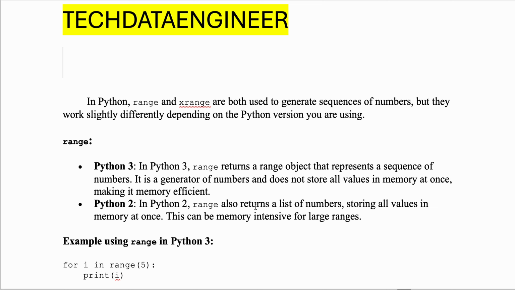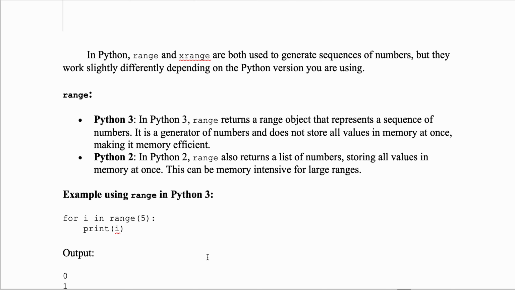In the earlier version, range generates the numbers but stores the values in memory. This can be memory intensive for a large range. Suppose we have a range of a large number, then it will be memory intensive.